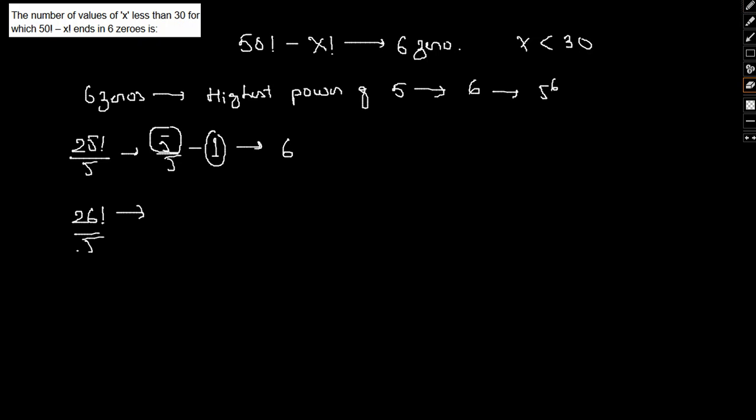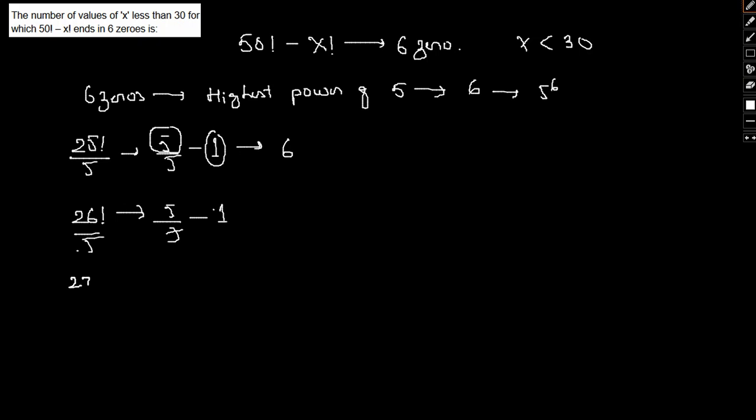I'll show you, hang on. So 25 factorial, this would be 25 by 5, 5, again 1.